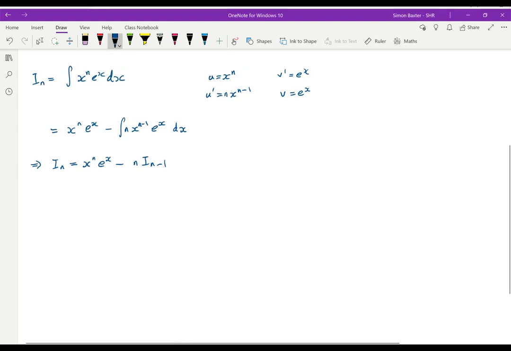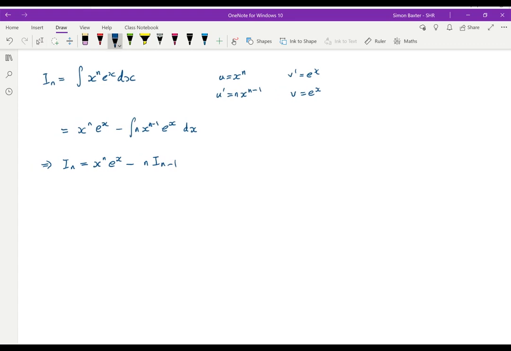Take a fairly small number so that it's not too awkward. Let's look at I_4. That is equal to the integral of x to the 4 e to the x dx. And that is equal to, using the formula, x to the 4 e to the x minus 4 I_3.